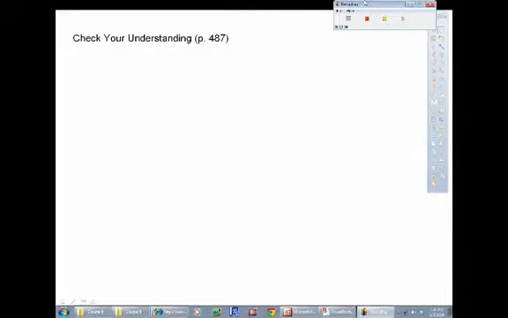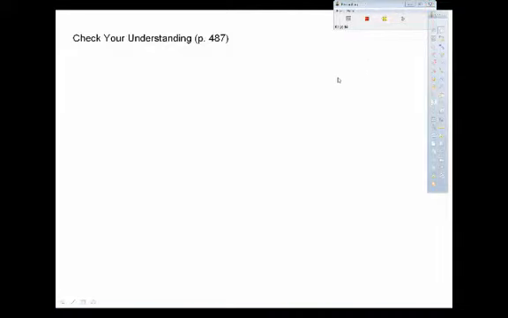A 98% confidence based on 22 observations: that is T equals 2.518. A 90% confidence using 10 observations is 1.833. And a 95% confidence interval using size 7 is 2.447.